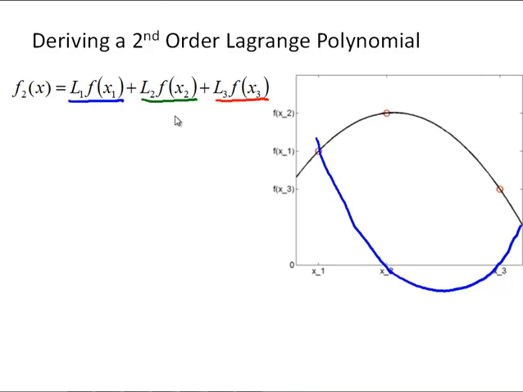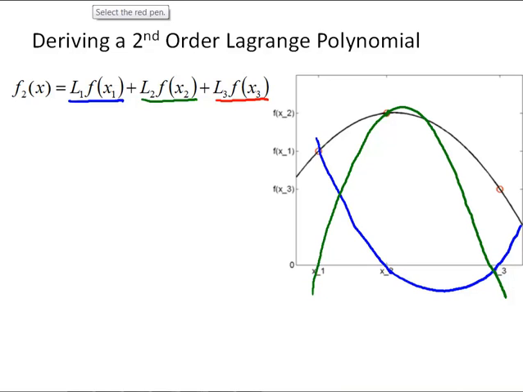L2 f of x2 is going to be equal to f of x2, so it's going to cross through f of x2 at x2 and equal to 0 at x1 and x3. So that might look something like this. That goes right through x3.